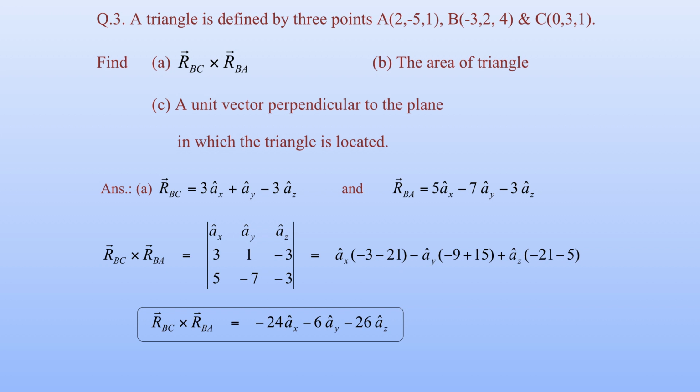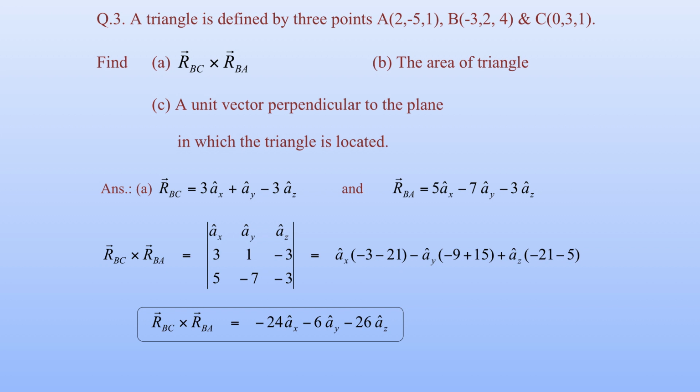The second row is occupied by the X, Y and Z components of vector RBC, that is the first vector in the cross product, and the third row is occupied by components of vector RBA, that is 5, minus 7, minus 3. Then we solve this determinant as a standard practice. So on substitution and solving the determinant, we are able to evaluate the cross product as vector RBC cross vector RBA equal to minus 24 AX cap minus 6 AY cap minus 26 AZ cap.